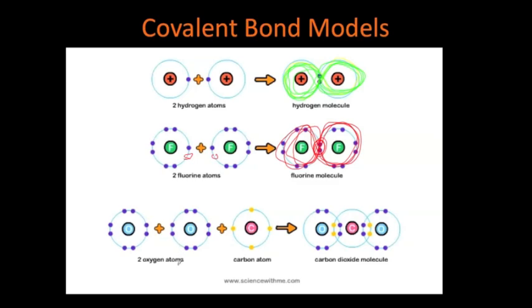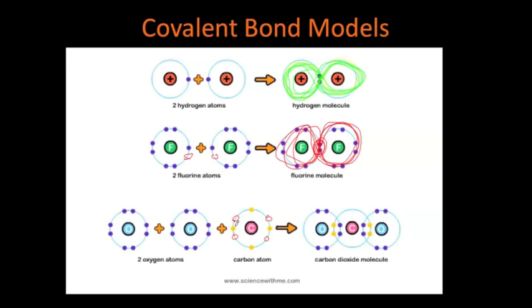Okay, and you'll see the CO2 molecule here. So you have the two oxygen atoms, and carbon needs to fill its outer shell: 1, 2, 3, 4. So it has 8. 1, 2, 3, 4, 5, 6, 7, 8. And you'll see that an oxygen needs 2 to fill its outer shell.